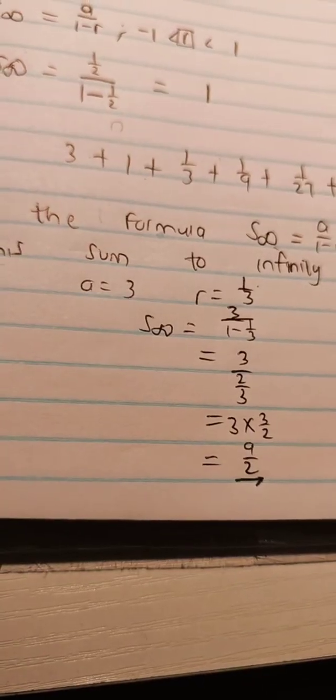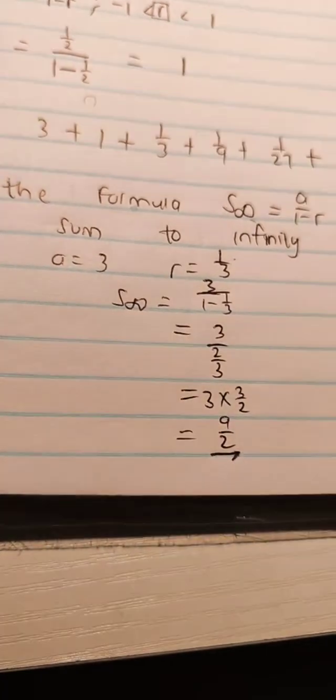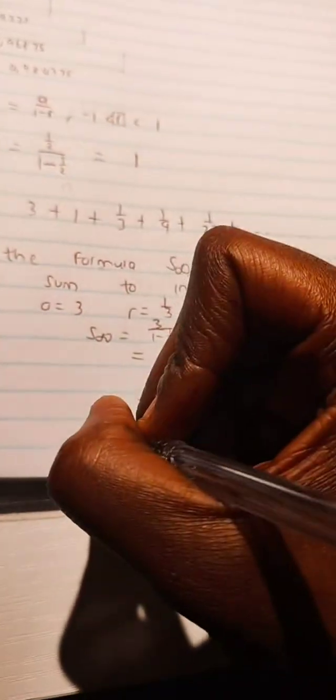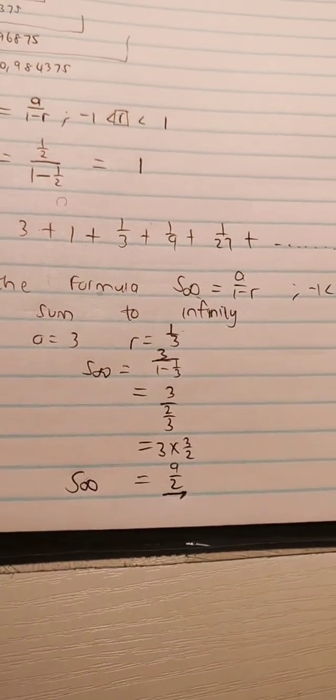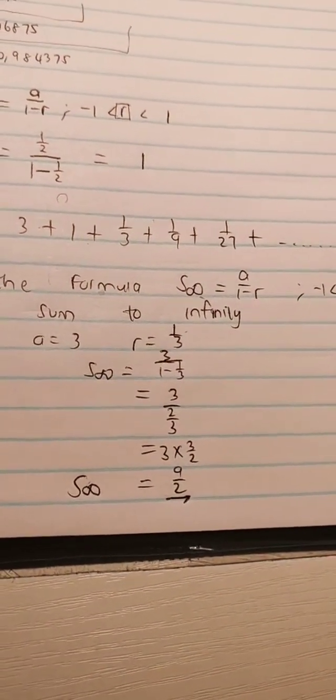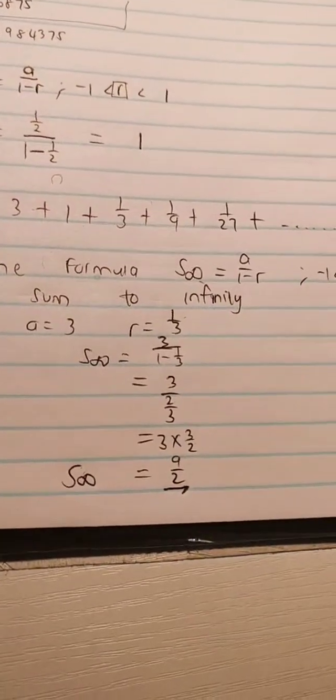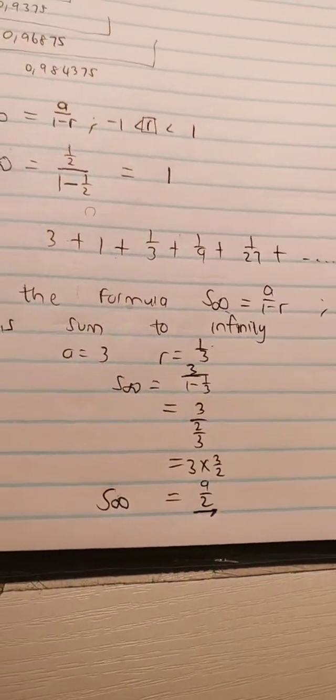Is that correct? Yes, 9 over 2. So the sum to infinity is 9 over 2. That would be our answer. I hope that's very clear for all of us.